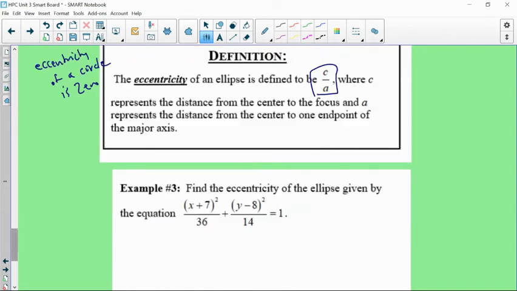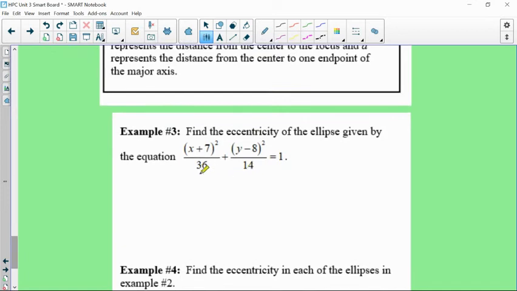So let's find the eccentricity. We know that here, a squared is 36 and b squared is equal to 14, which means, again, a squared minus b squared would equal c squared. So 36 minus 14, which is 22, sorry. So c squared equals 22, which means c is equal to root 22.